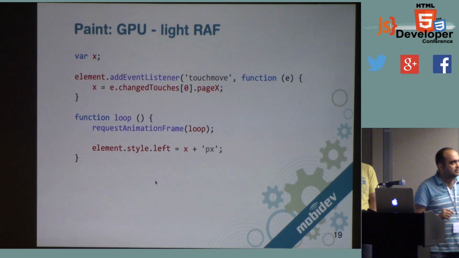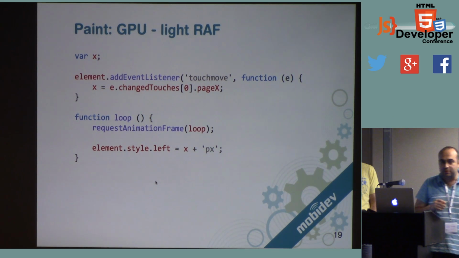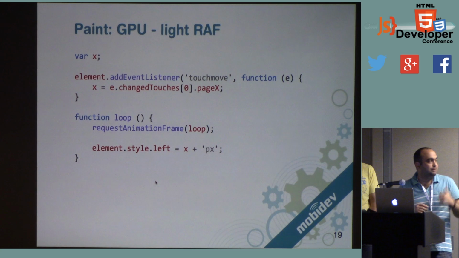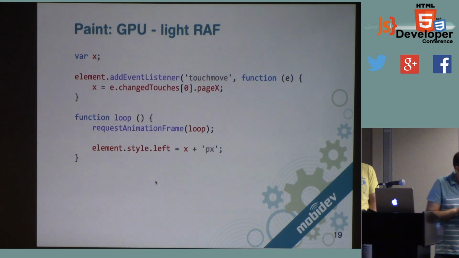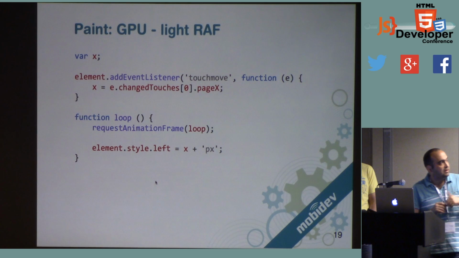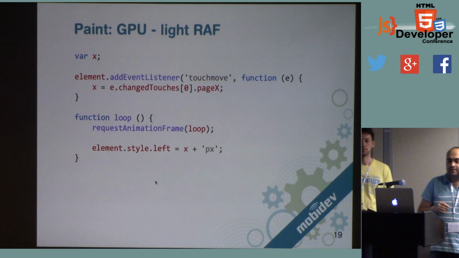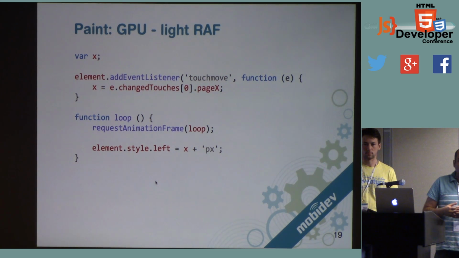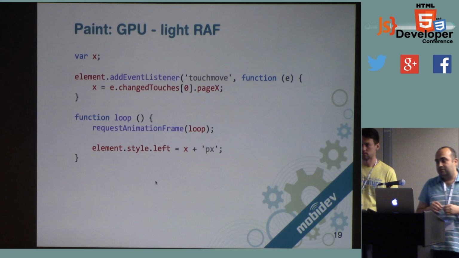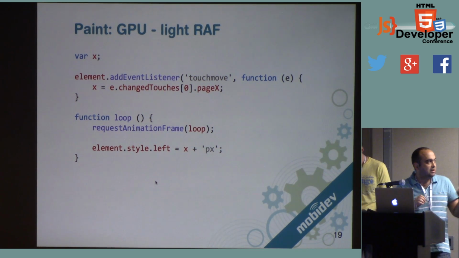On the next slide you can see an example from Matteo Spinelli, author of iScroll. It's like lite requestAnimationFrame, it's lite rAF, and the gist of this example is that when you have some interaction from the user, you don't change element attributes right away.